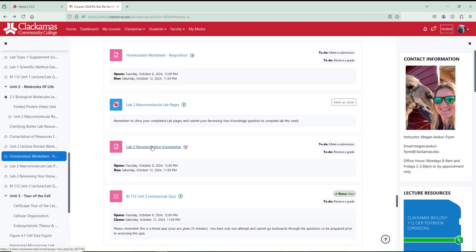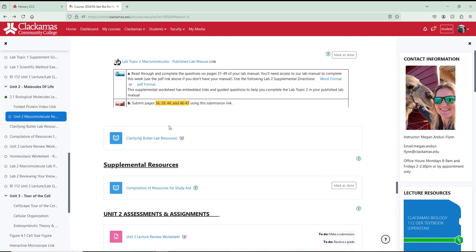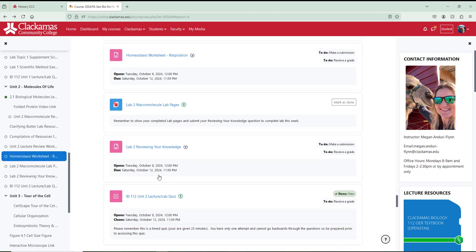So this is where you're going to download the worksheet and use what you learned from the lab itself to answer the questions on the worksheet. And these two are due by Sunday midnight, so ignore that right there. So Sunday midnight is when these two pieces are due: the lab pages as well as the Reviewing Your Knowledge worksheet.